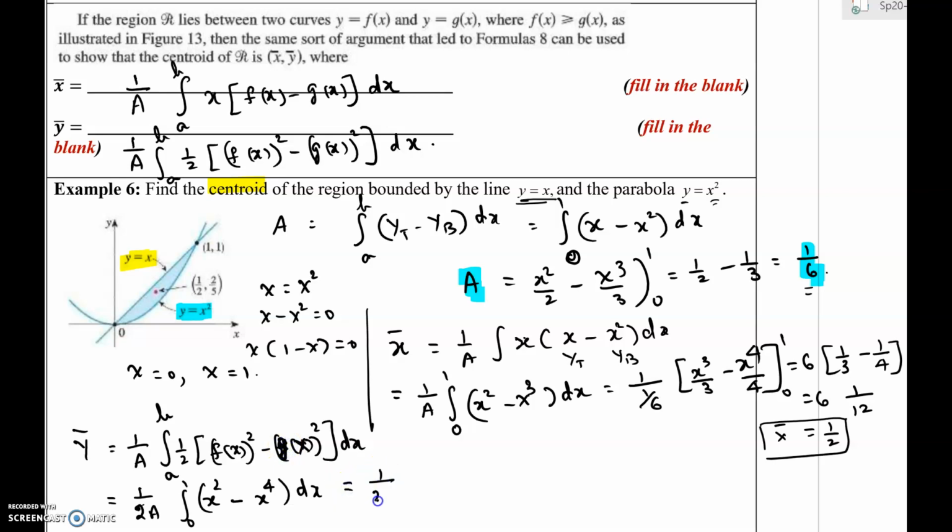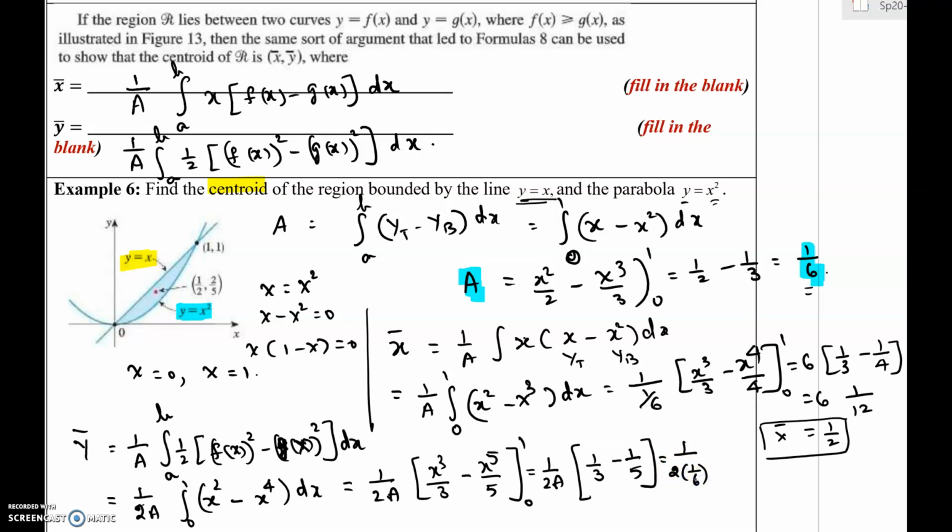That is 1 over 2A times x cubed over 3 minus x to the power 5 over 5, between the limits 0 and 1. It's 1/3 minus 1/5. So it is 1 over 2 times 1 over 1/6. Then this will be 5 minus 3, which is 2 over 15.